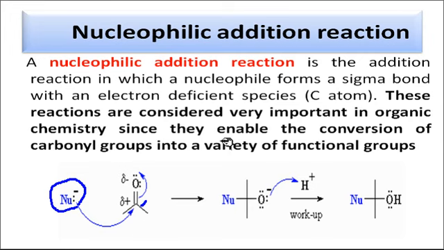These reactions are considered very important in organic chemistry, since they enable the conversion of the carbonyl compounds into various kinds of compounds having a variety of functional groups. So these are a very important class of addition reactions.